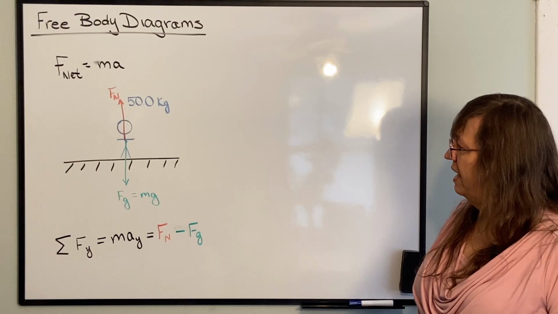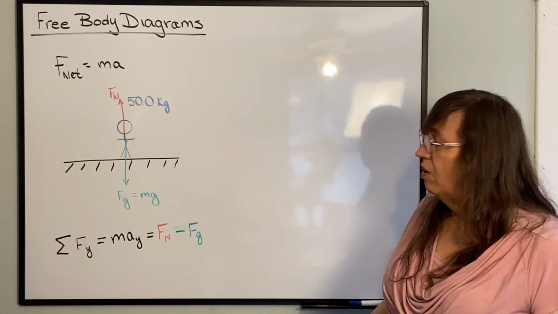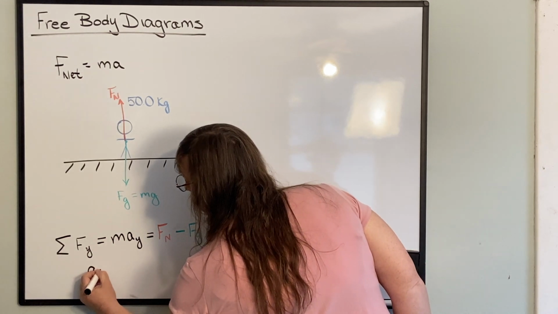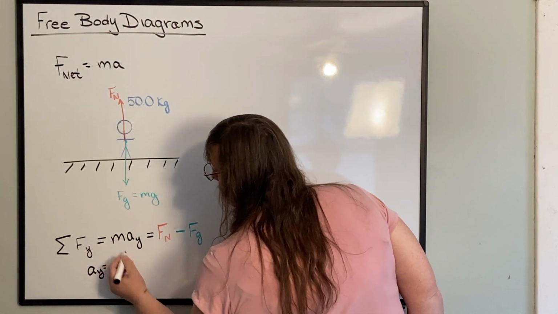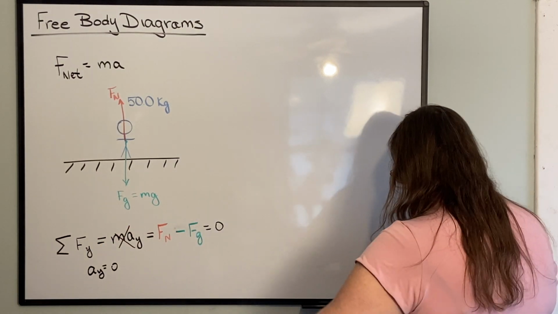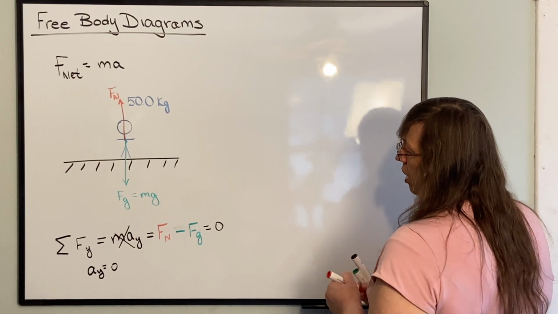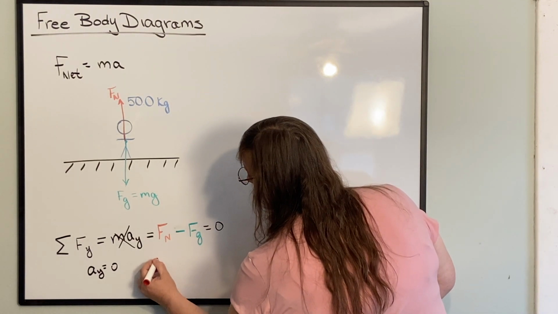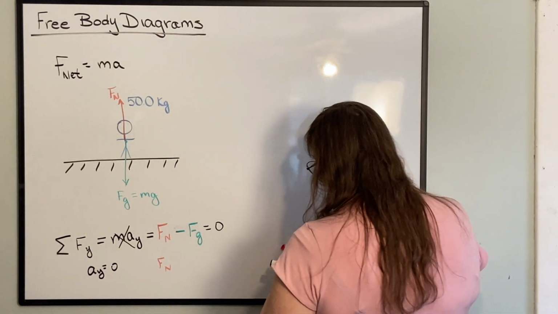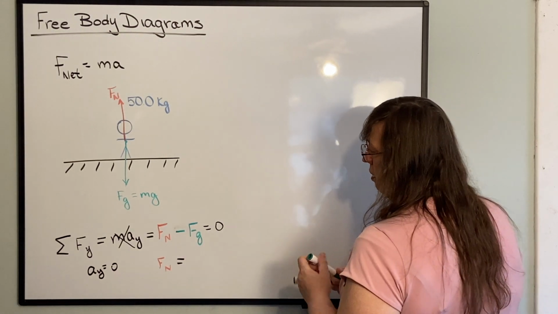Now, as I started off by saying, this person is not moving up or down. They're stationary. Therefore, their acceleration is 0, which means that this whole term goes to 0. So in our setup, we can do a little bit of arithmetic, and we find that Fn is going to equal Fg.